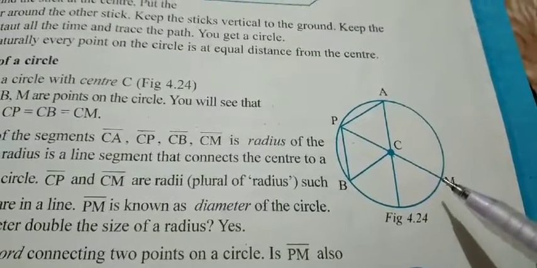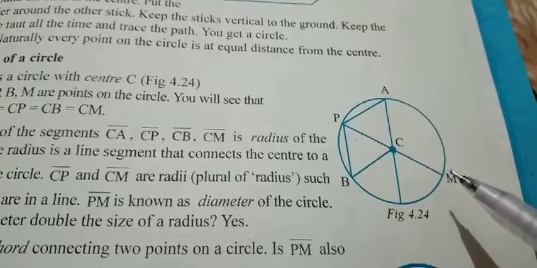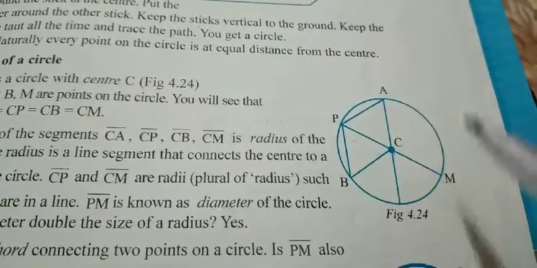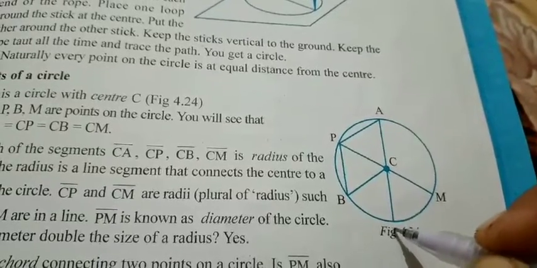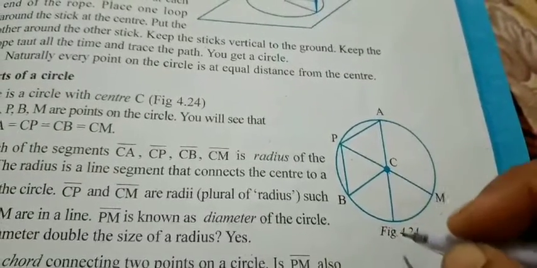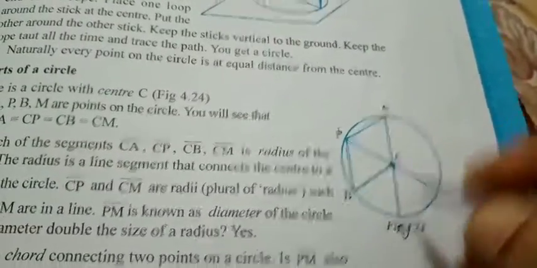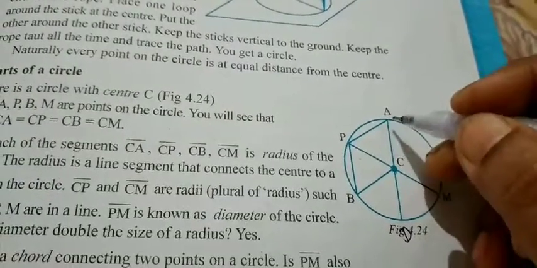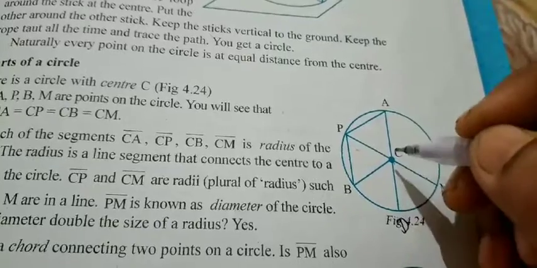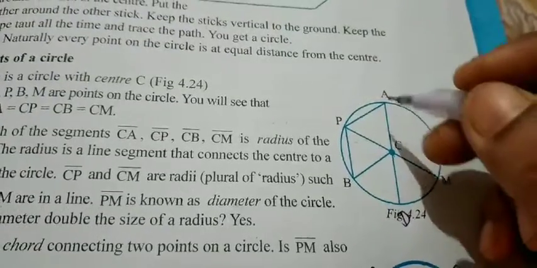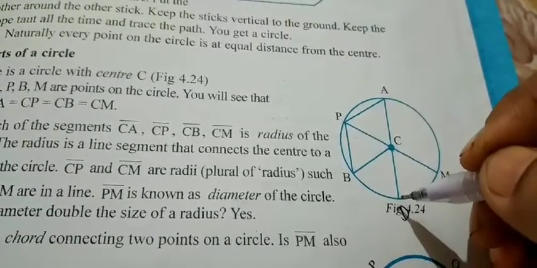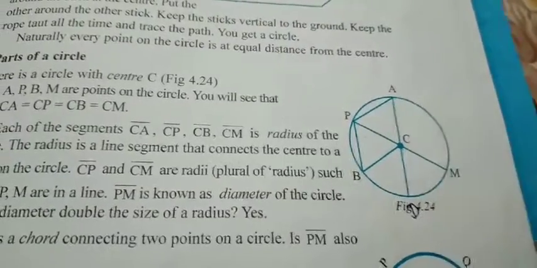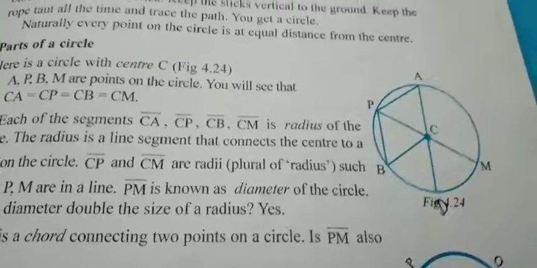Then that line segment is considered to be a diameter. Here you can say PM is the diameter. If I name this point A and this point D, then AD will be the diameter, because the AD line segment is passing through center C and its endpoints A and D are distinctly lying on the circle.